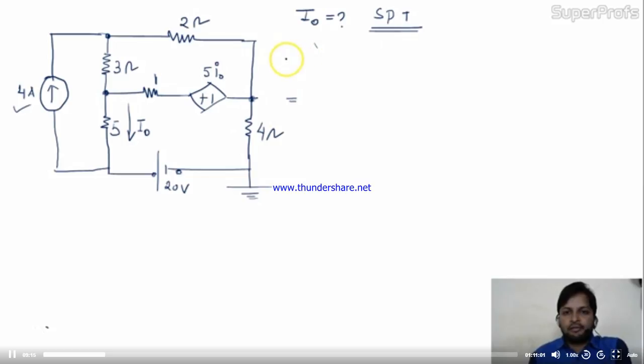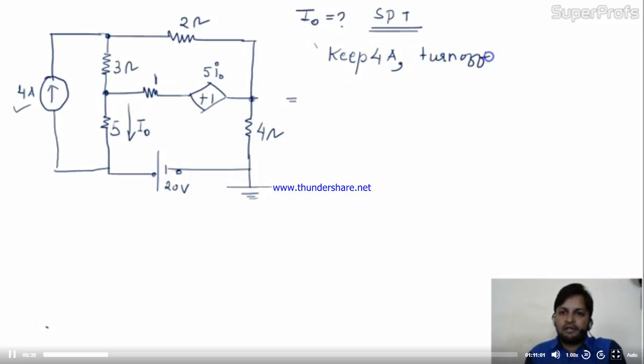So according to the superposition theorem, in this network we have two independent sources, the 4 ampere current source and the 20 volt voltage source. One by one we are going to take them in consideration, and in the first step I'll keep the 4 ampere current in the circuit and turn off the 20 volt source.